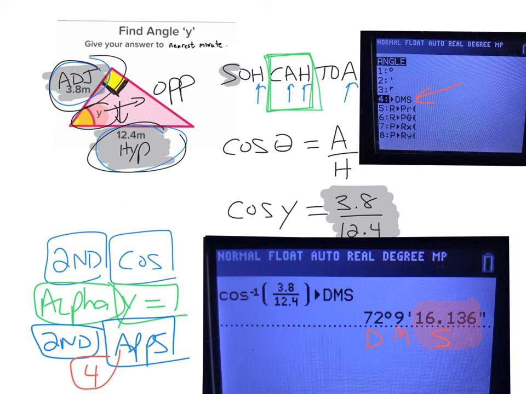If it's 30 or more, you round up. If it's less than 30, it stays the same. Here your seconds are 16, which means the minutes are going to stay the same. So your final answer is 72 degrees, 9 minutes. And that's how we find angles of right triangles.